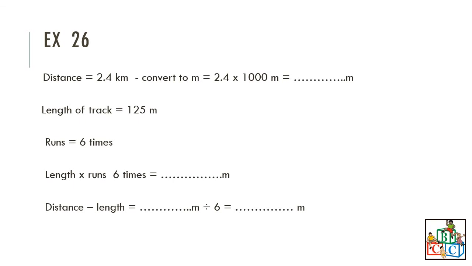This answer you are going to divide by 6 to find the width. So you are going to divide the answer by 6 to get the width. I hope it is clear for you. You have to read all your questions clearly, then you'll be able to do this step by step.